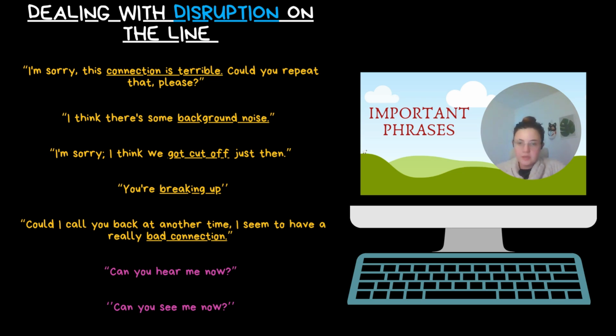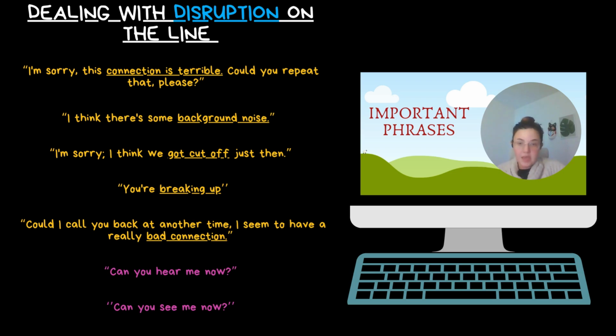Now we're going to look at disruptions. So obviously hearing some problems with your audio or connection and how to handle it in a more proper, respectful manner. So obviously if your connection is terrible, always a very good phrase to use is, could you repeat that please?